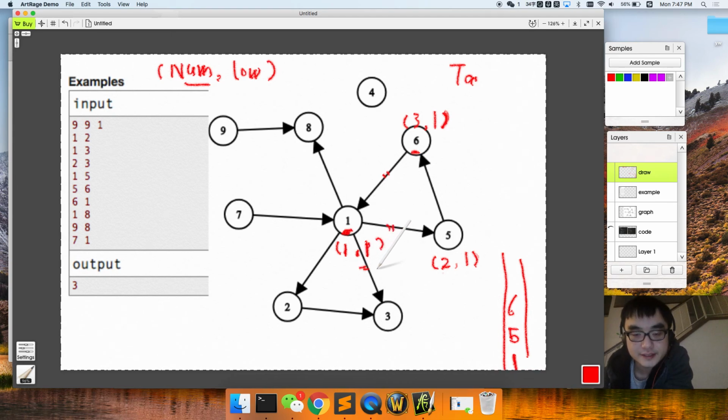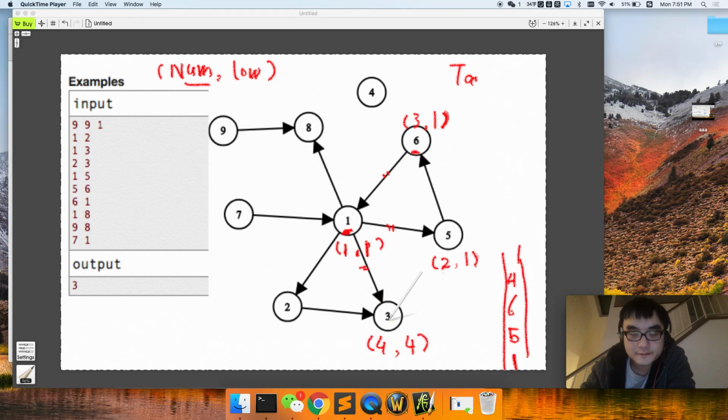Visit this node 3, right? So the number of node 3 is 4 because it's the fourth number we visit, right? And the lowest number it can reach is also 4.